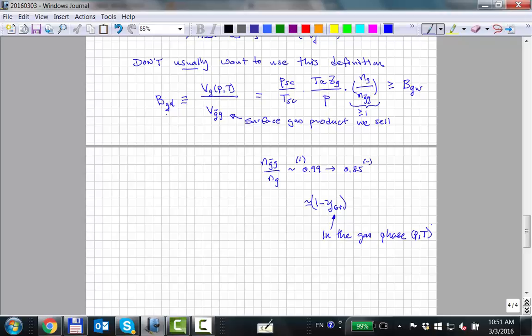So this is the equation we want to use, and it's equal to the traditional one times this factor.